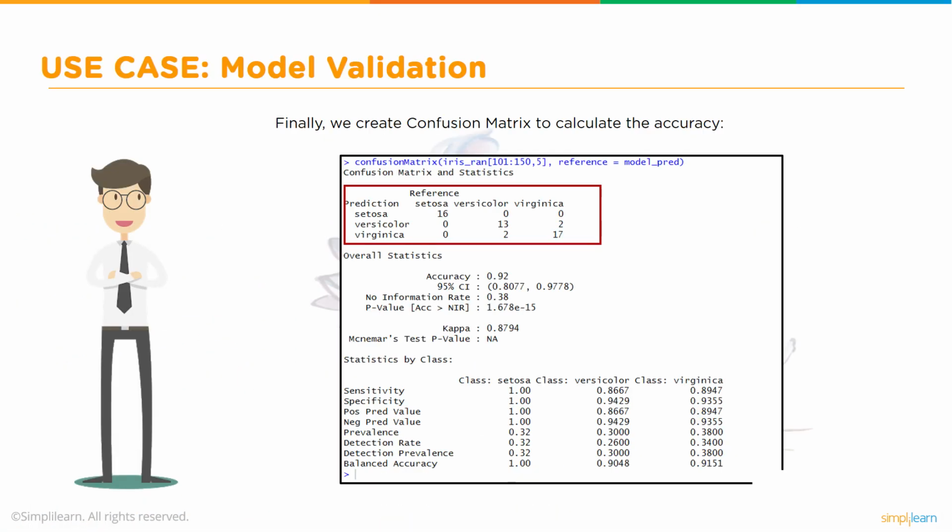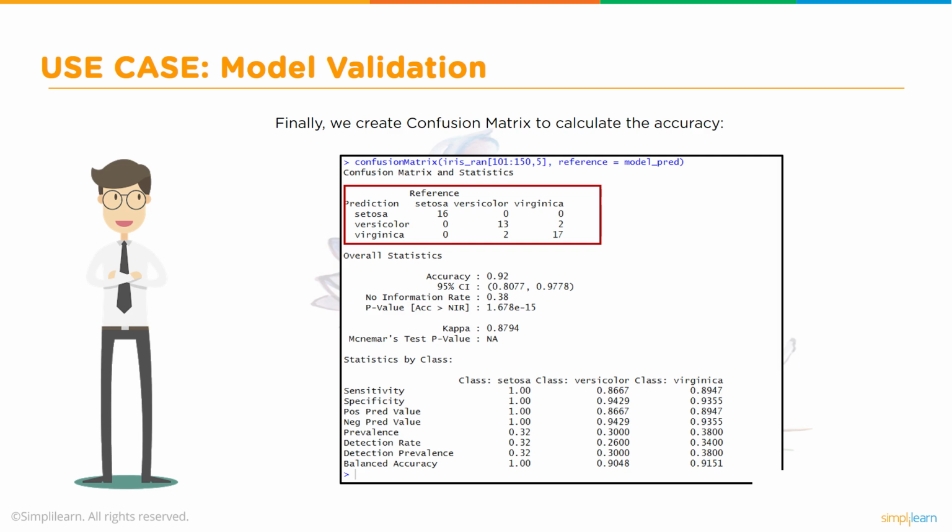So the first part we see is a reference. And in here we have our prediction, because that's what we call the column, if you remember correctly. And we have it for Setosa, versicolor, virginica, and then we have Setosa, versicolor, virginica going down each side. The way you read this is, we predicted 16 out of 16 Setosa.